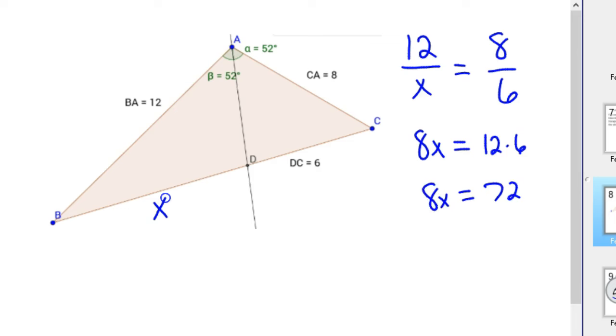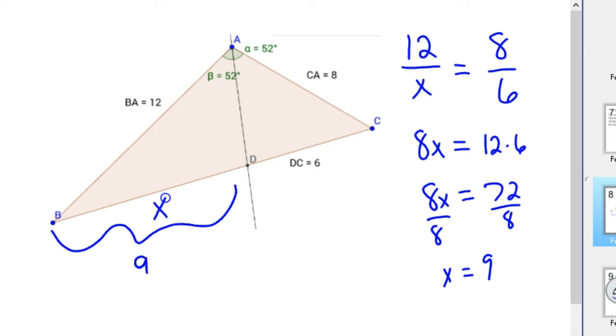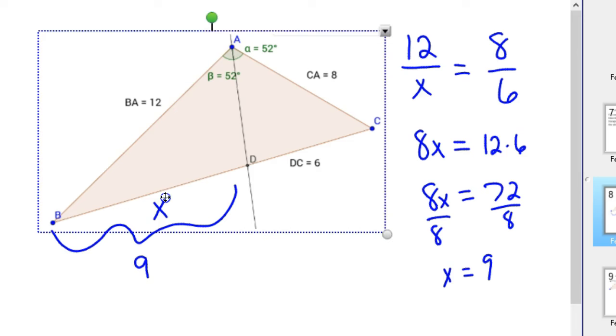Then you divide by 8 on both sides to get x by itself, and x is 9 in this case. You should always double check these, especially if you're taking the ACT or a college entrance exam, that the 9 is proportional to the rest of the segments. And you can see it looks bigger than the 8.